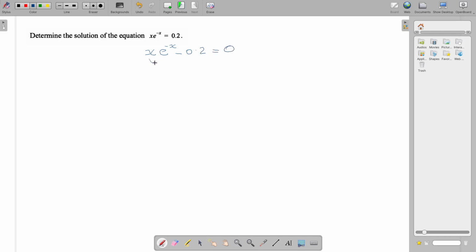Now if I find the zeros of this function, automatically I find the roots of the equation. To get the roots of this function, I need to plot it. First I find the approximated root, and I can do that by plotting the function first.